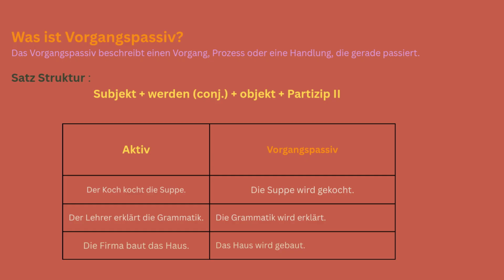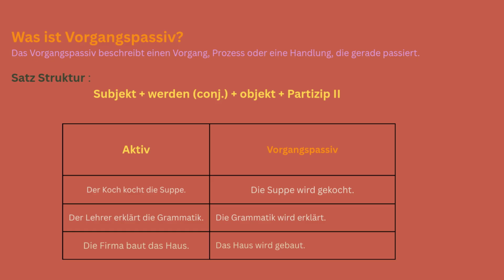Das Vorgangpassiv beschreibt einen Vorgang, Prozess oder eine Handlung, die gerade passiert. The Vorgangpassiv describes the process or action which is happening now. Let's see the examples.